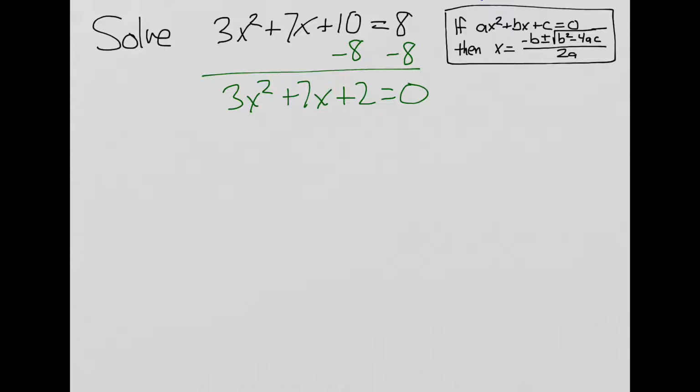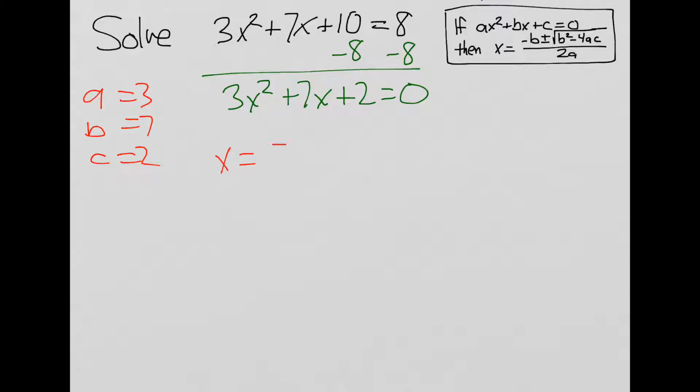Now we're in general form. We equal 0, so we can use our quadratic formula. I'm going to start off just by identifying A, B, and C. A is 3, B is 7, C is 2, and I'm just going to plug it into my formula.